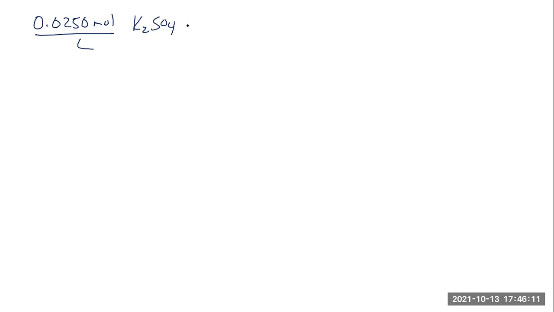And we want to know what is the equivalents per liter and milliequivalents per liter for all the ions that are present.